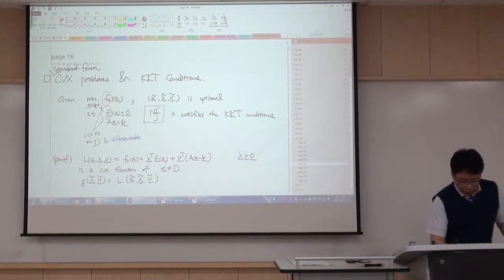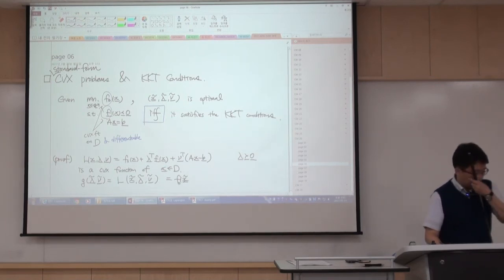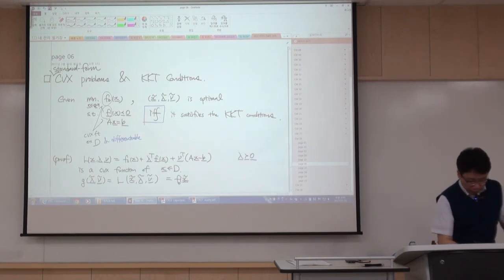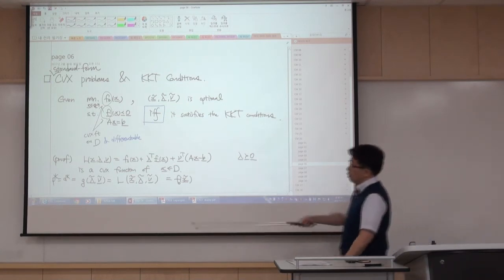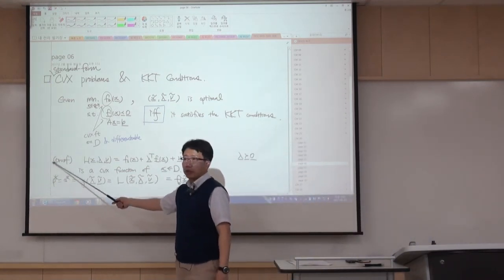And this is nothing but f0 of x tilde, and this is d star, also at the same time p star. Okay, so this is due to the strong duality assumption, right?